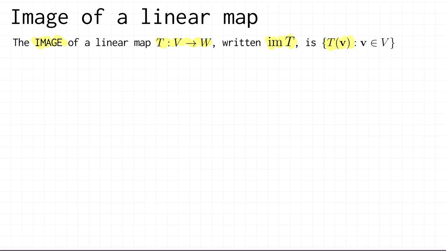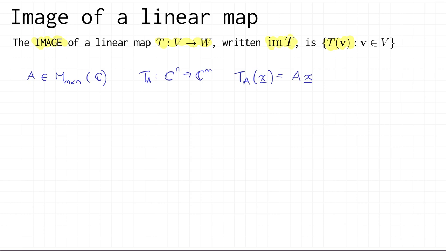I won't do as many examples this time because this is a concept that we've already met several times, but let's just think about a couple of them. So we'll go back to our matrix multiplication example. We'll take A to be an M by N, let's say complex matrix this time, and then we get a map which we'll call TA from C to the N to C to the M. As usual, TA of a vector is A times that vector.